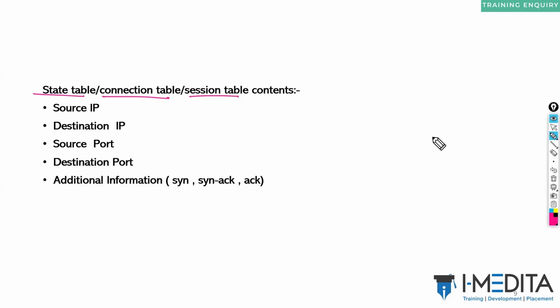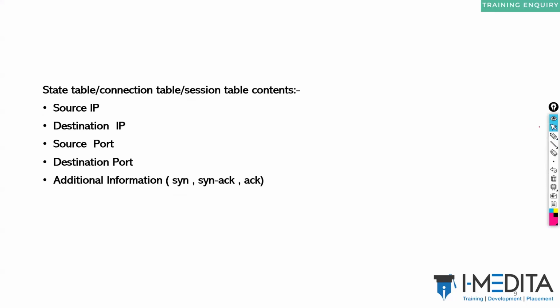So it is up to you which name you want to give. That table can contain source IP, destination IP, source port, destination port, and additional information can be there, like SYN, ACK and so on. So this was something about the stateful firewall.